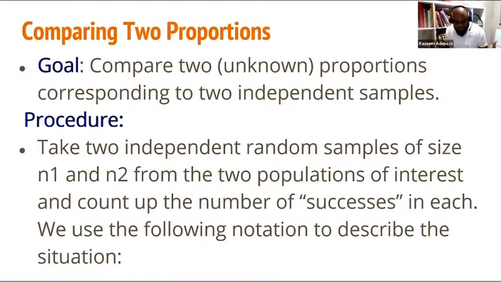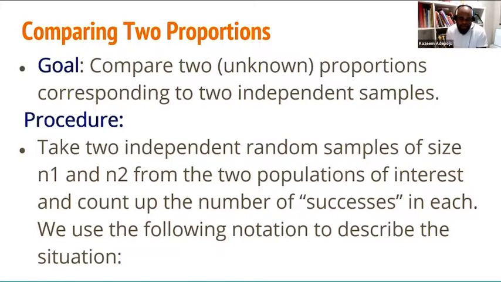Counting up the numbers of successes in each is counting the number of characteristics of interest in each of them. The example I gave the other time was about comparing two vaccines, where the essence of a vaccine is to prevent a disease.